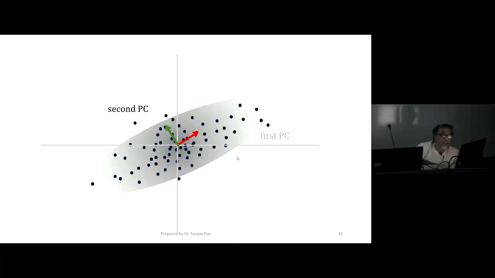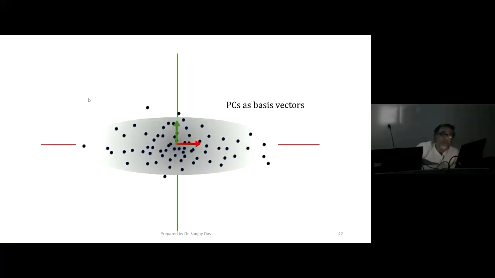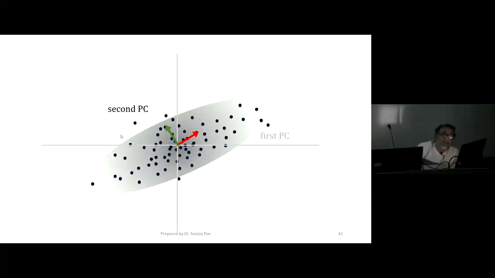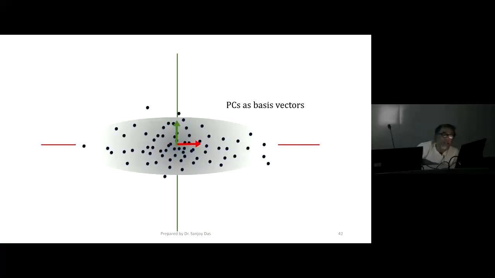Now, these two can act as basis vectors since they're unit vectors. So if you treat these as the axes, as basis vectors, then this is what the data looks like.